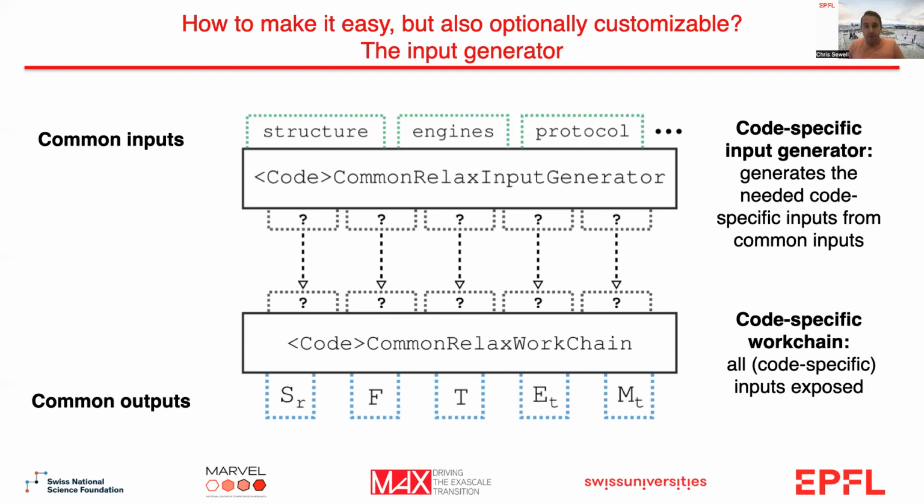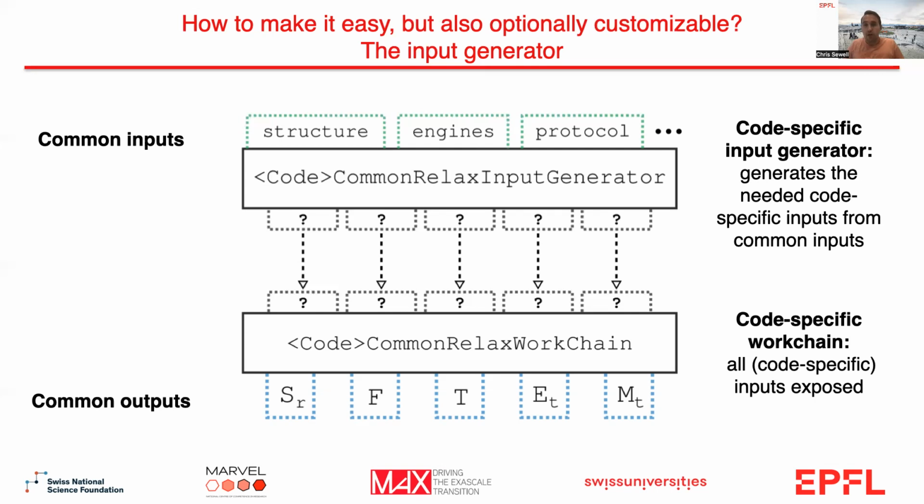At the same time, the second requirement we have is that any of these workflows comes together with an input generator. And this will take common inputs and will generate any output needed to be then directly passed through to the workflow. So this kind of two-level design achieves what we call optional transparency.